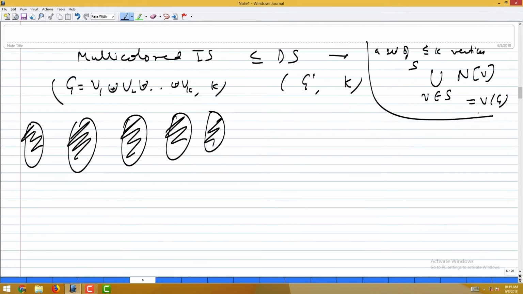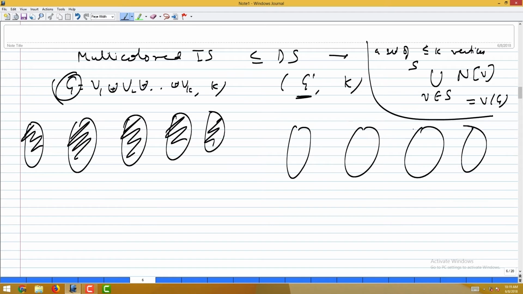So suppose I have this graph, and if this graph has a k-size independent set, then to begin with, let G prime be equal to this same graph G. So G is given as input. I have to create another graph G prime for this instance. To begin with, let me give the same graph. See, the point is the inside parts are all cliques.